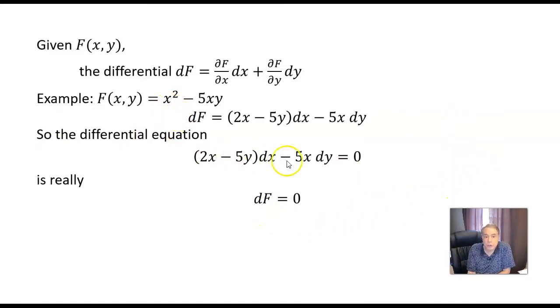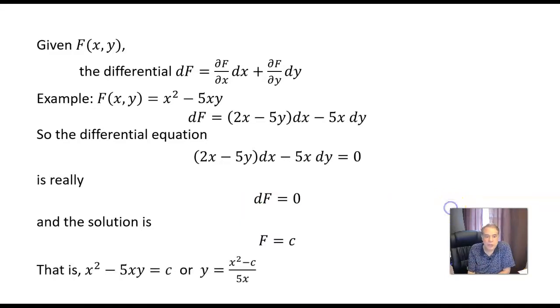So the differential equation here says that the differential of f equals 0, so if we integrate both sides, the integral of df would just be f. And we would have f equal to c. That is, x squared minus 5xy equals c. Or if you wanted to solve that for y, you would get that y equals x squared minus c over 5x. And that would give you the solution to that differential equation.